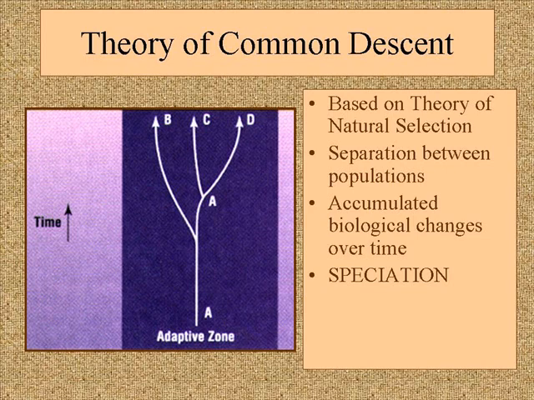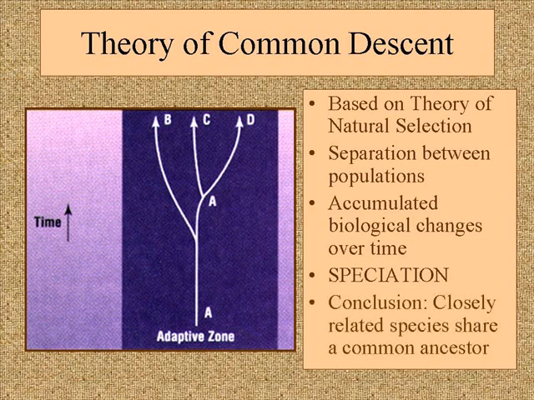That is, as each population is faced with the challenges in its own environment, different biological changes will accumulate in each population. And then after a time, enough biological change would have occurred that they would be separate species. That is, even if they came back together, they wouldn't be able to reproduce with one another. So his conclusion was that closely related species share a common ancestor.